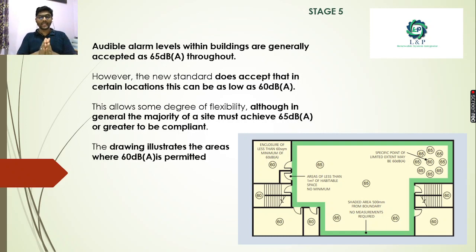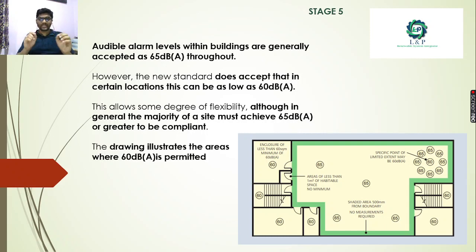The audible alarm level accepted inside the building is 65 decibels. It should not be less than 60 decibels, but 60 decibels is accepted in a place where the total area of enclosure is less than 60 square meters.